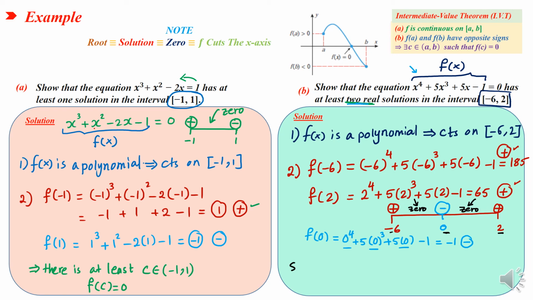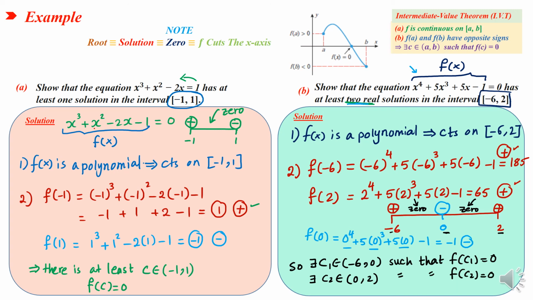So there exists C1 in the interval from negative 6 to 0, such that f of C1 equals 0, and there exists C2 inside the interval from 0 to 2, such that f of C2 equals 0.